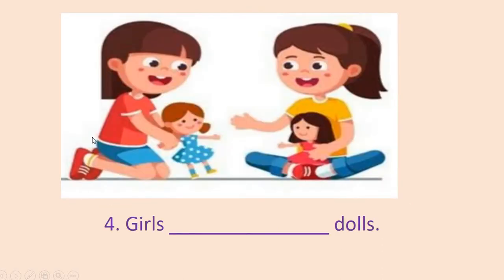Now see sentence number 4. There are 2 girls. Number 4 is: Girls blank dolls. Girls means 2 girls, more than one person. Can you see the girls? They are playing with dolls. Both of them are having dolls.